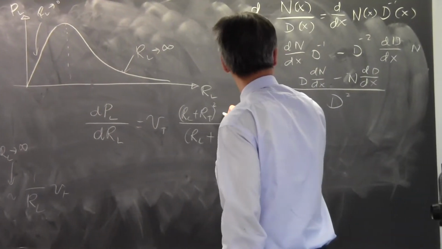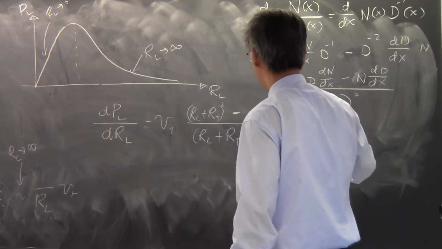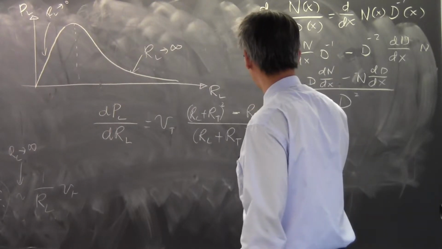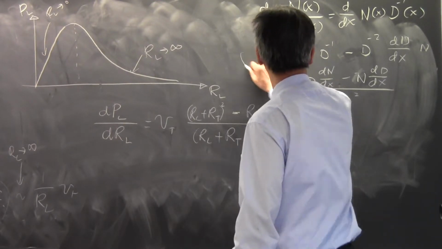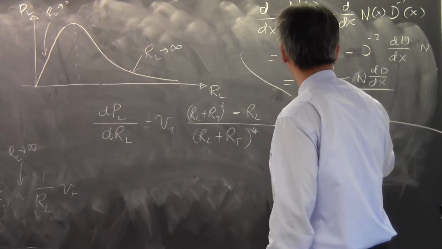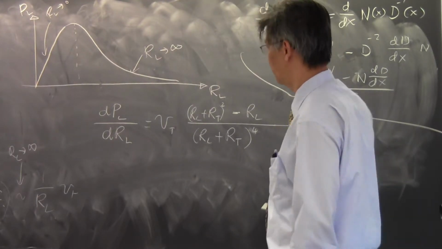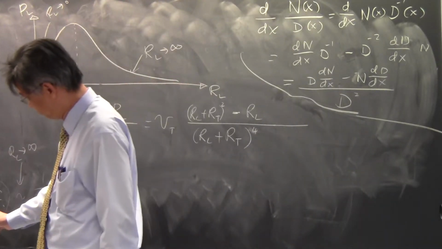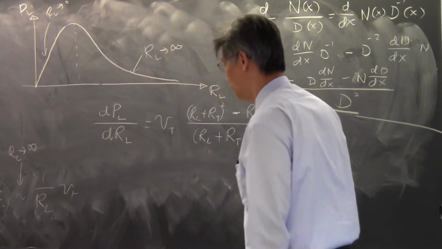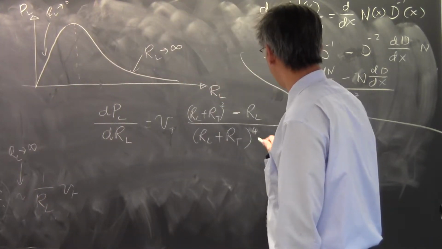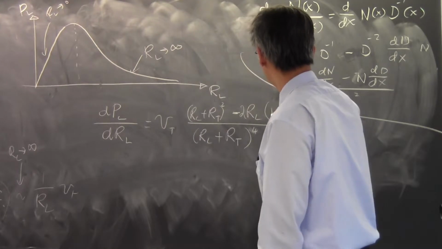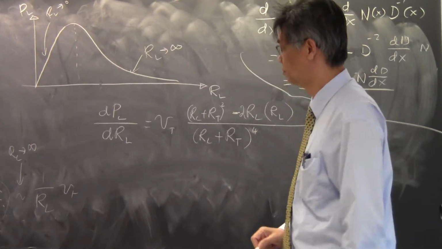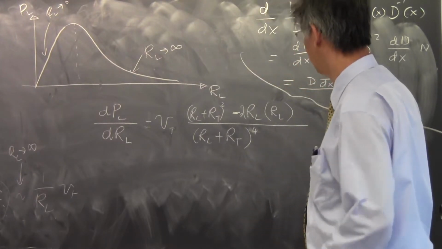So that is very simple. And then I have to minus the numerator, which is R sub L, and then the differentiation of the denominator with respect to the variable L. So I get 2 RL, right? So this is the right answer.